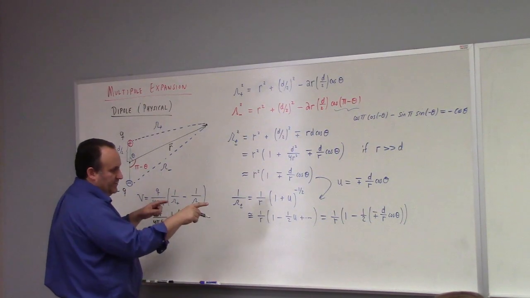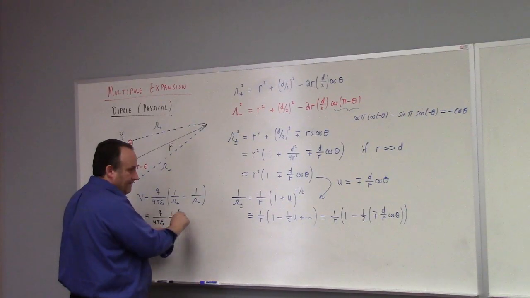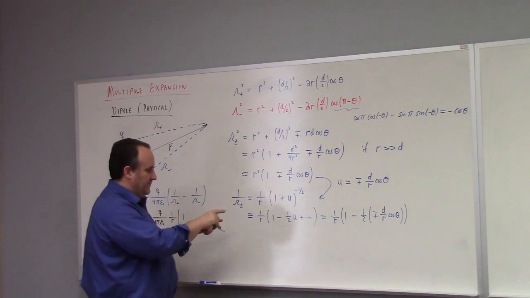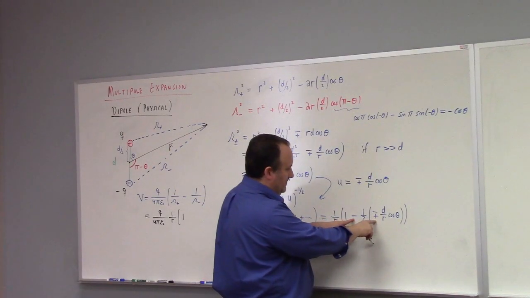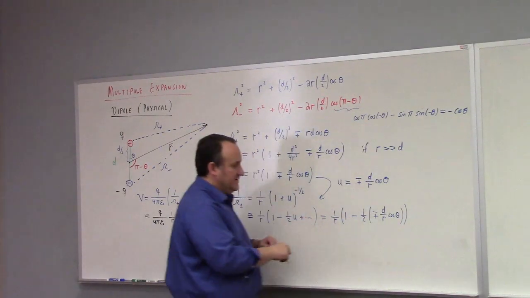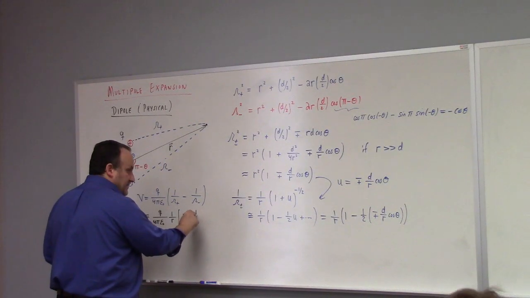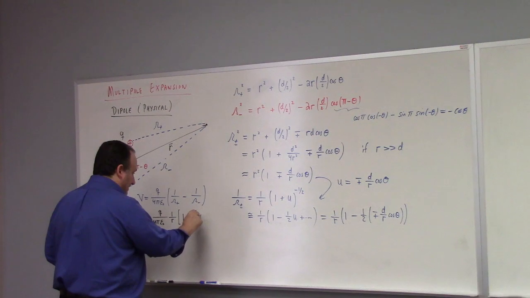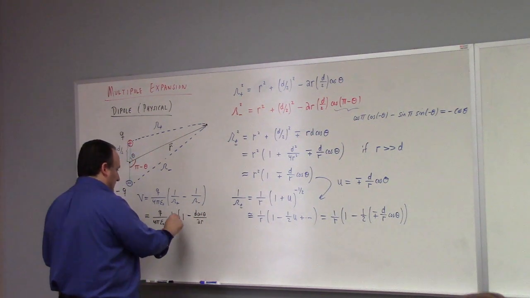So the 1 over r plus is 1, and with the plus I get a minus d cosine theta over 2r. That's my r plus.